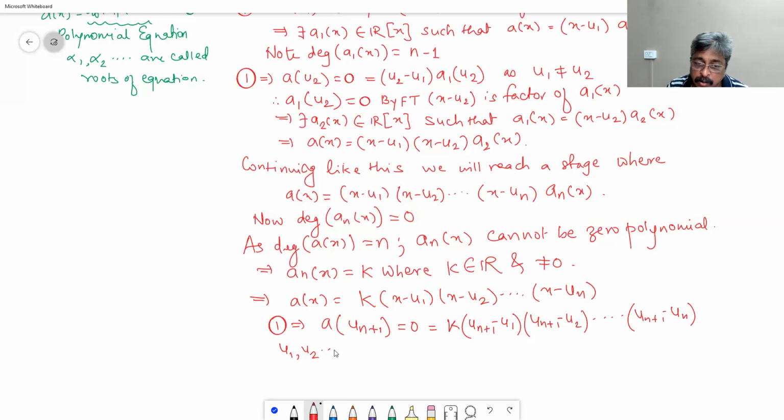As u1, u2, ..., u(n+1) are distinct, this implies k is equal to 0. Do you understand? This implies a(x) is equal to 0. Contradiction, since the degree of a(x) is equal to n.